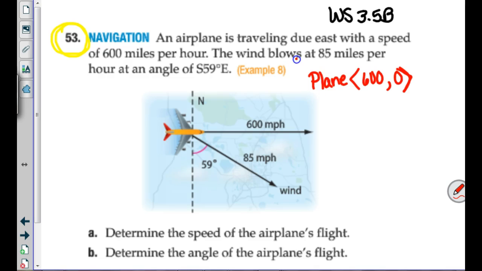I should probably write that out. Okay, what about the wind? The wind is blowing 85 miles an hour, so that's our magnitude, at an angle of off of south 59 to the east. Do we do 85 cosine 59 and 85 sine 59?